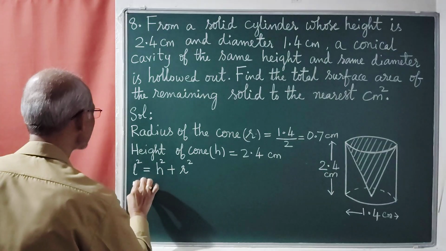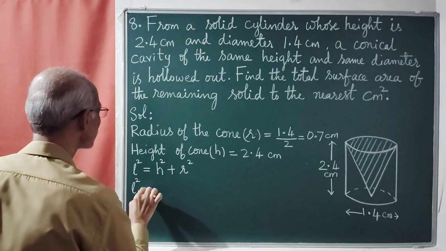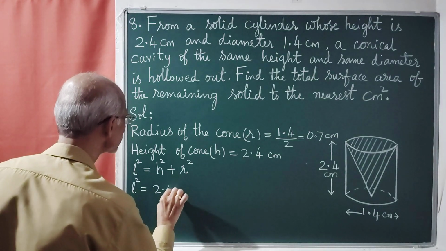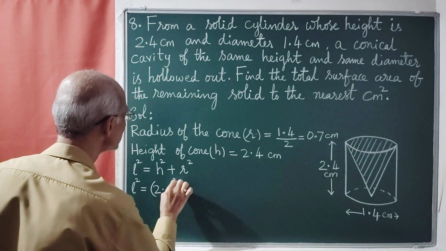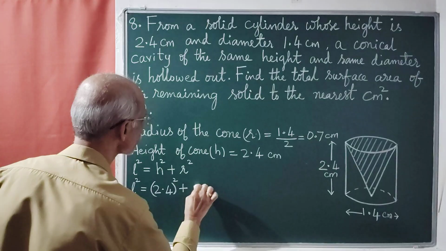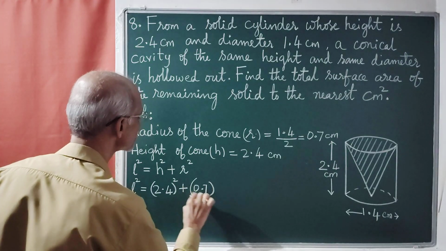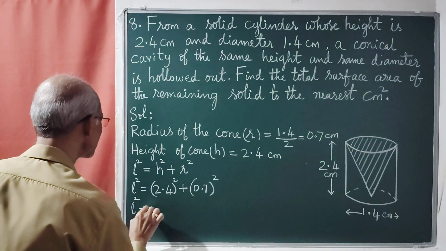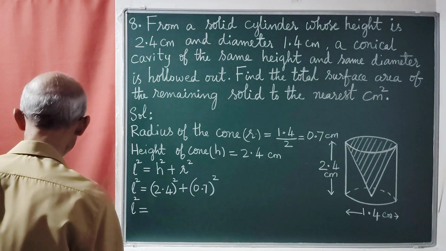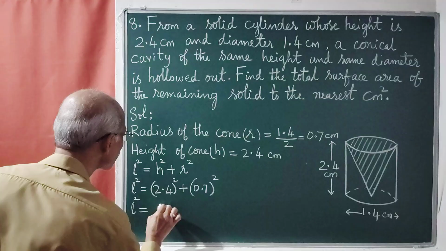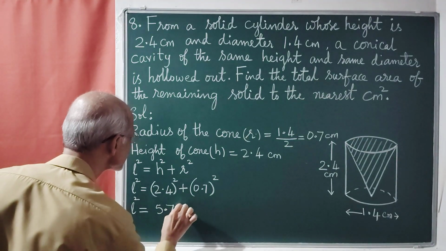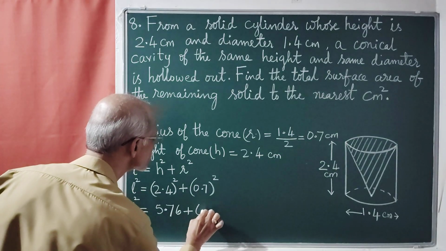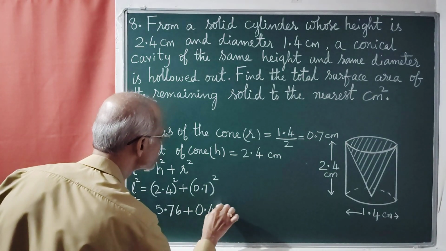So L square is equal to, what is h? 2.4 square plus 0.7 square. So L square is equal to 5.76 plus 0.49.